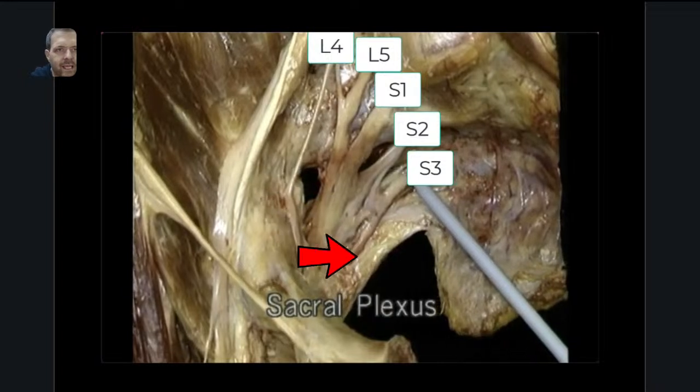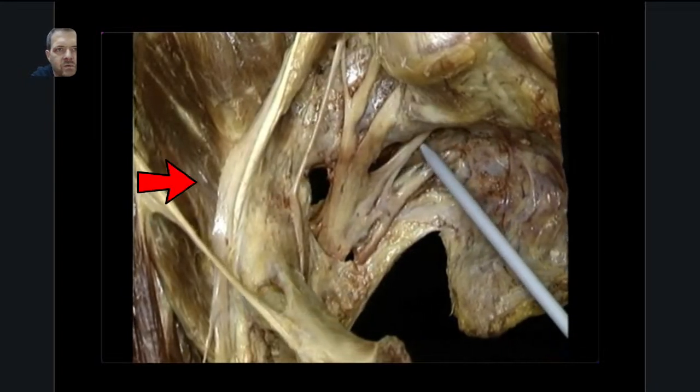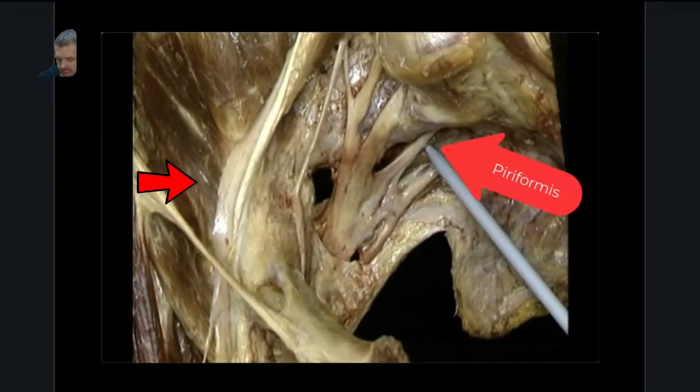So this hole here, let me just pause that video just there. See if I can find it on here. Can you see that bit on the back of the pelvis? That is the greater sciatic notch. The sciatic nerve goes through that greater sciatic notch, and they are really big.